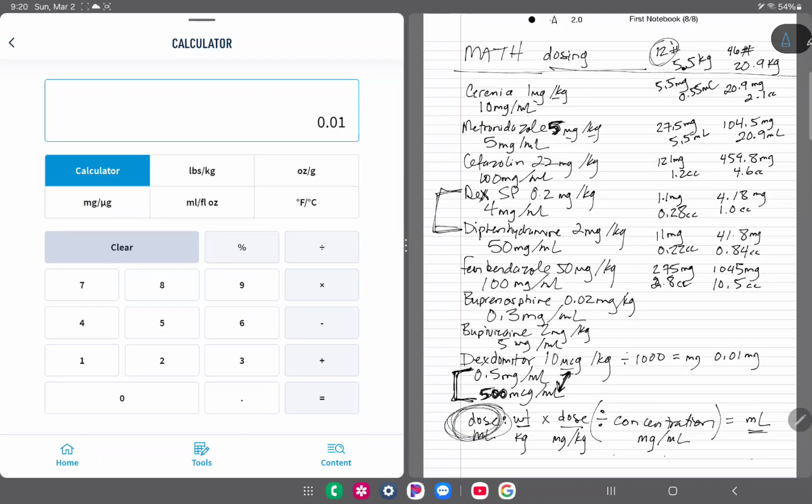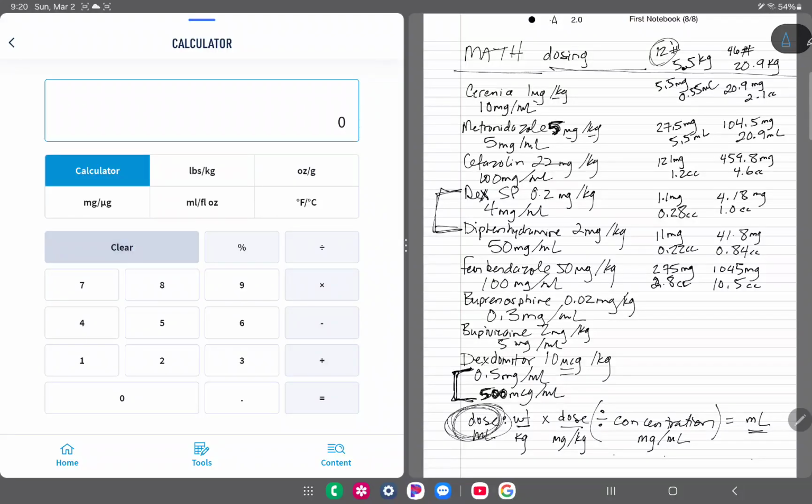I take mic divided by 1,000 to get milligrams, and then I can use milligrams with the milligrams that's on the bottle. So let's do it both ways.